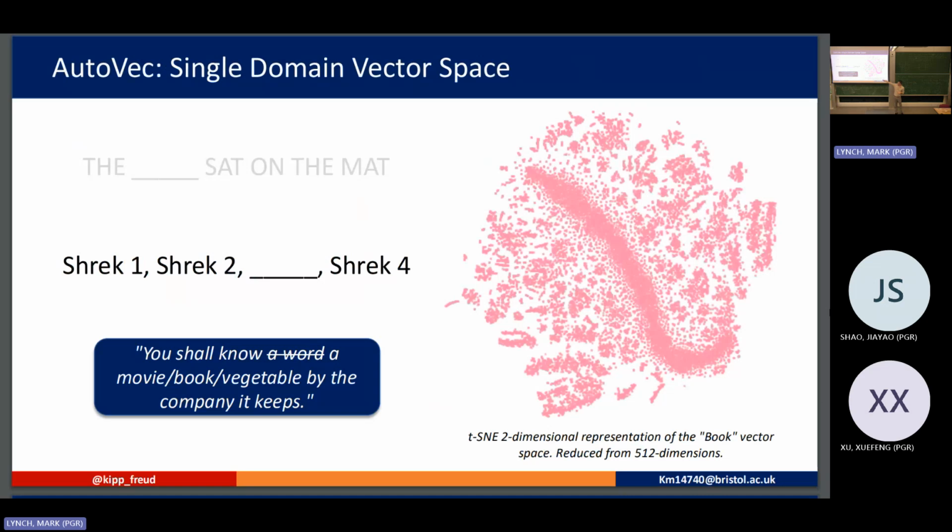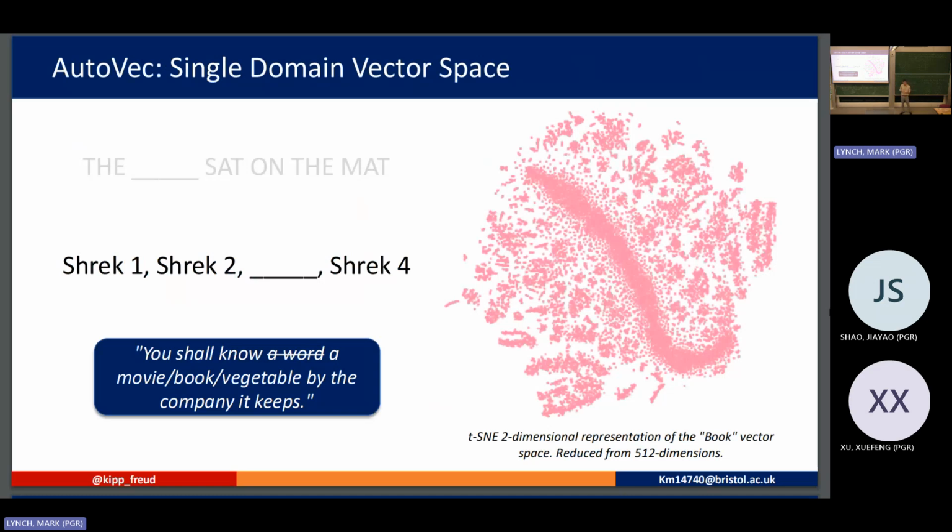So, for example, for movies, our continuous bag of movies data set could be given these 4 movies: Shrek, Shrek 2, blank, Shrek 4, and would hopefully correctly predict that the correct movie to place here is Shrek 3. And in building up that, you could build a vector space that looks like this. This is the book vector space. You can see we have clear clusters and patterns in this data set.